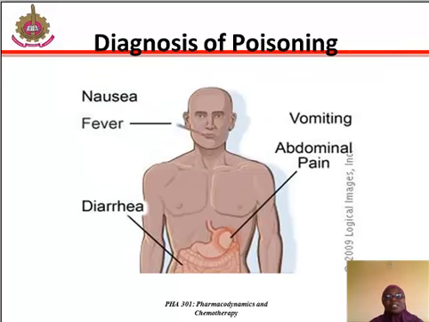Diagnosis of poisoning: changes in behavior, hallucination, or other psychiatric symptoms may indicate poisoning by a hallucinogenic plant. Evidence of an empty container or information from the victim is helpful in determining exactly what substance has caused the poisoning. The vomit may be tested to determine the exact composition of the poison.